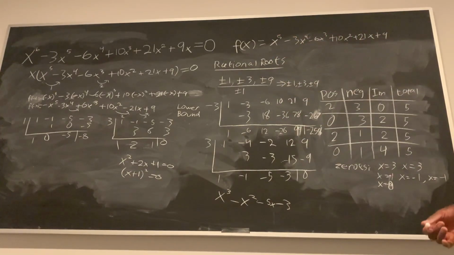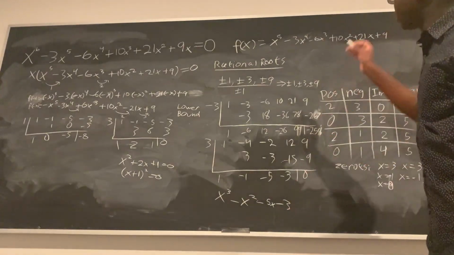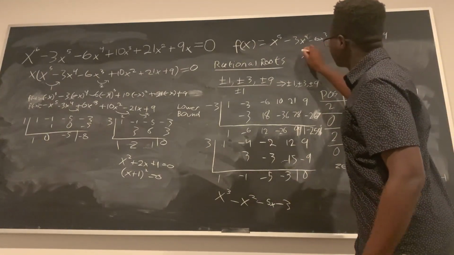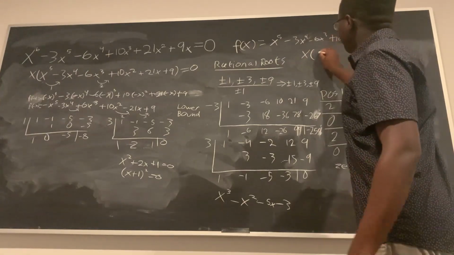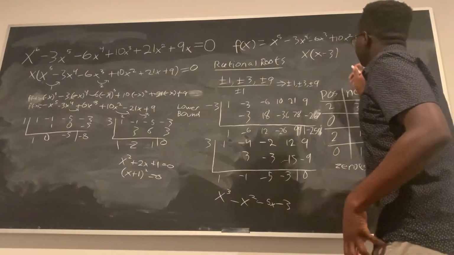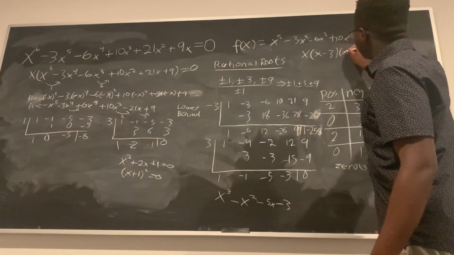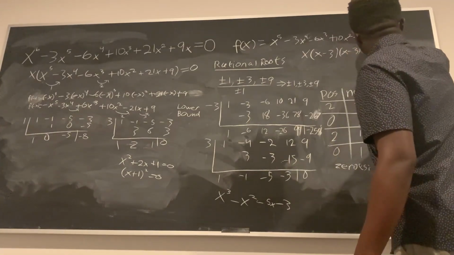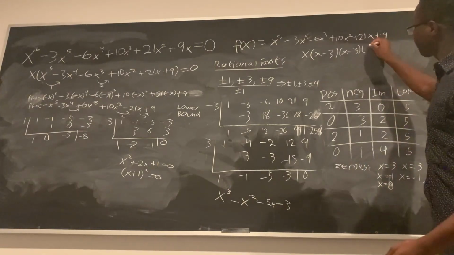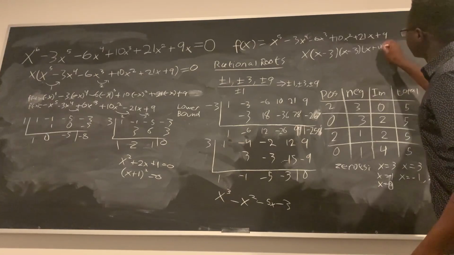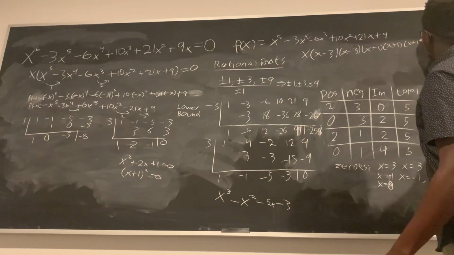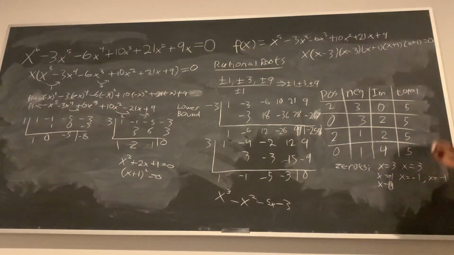And what we are going to do now is write this in factored form. So here's how it would work. We do x times x minus 3, because we always do the minus. So this times x minus 3 again. And then we have negative 1, negative 1, negative 1, which means we're going to write x plus 1, x plus 1, x plus 1. And of course, this equals 0, correct?